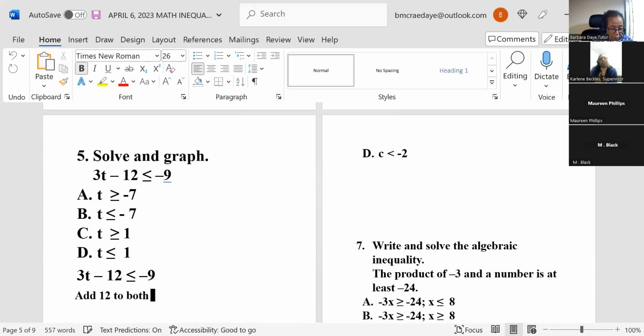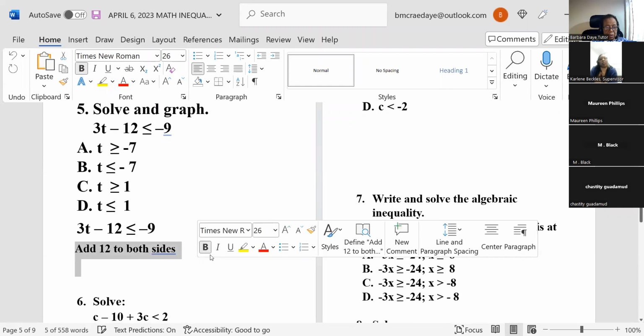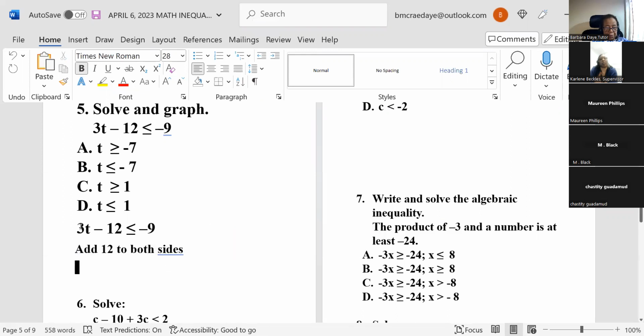That does not give you 21. What does it give you? You subtract the 9 from the 12. And you get what, Maureen? 3. Yeah, that's right. You get a 3. Mercedes, you see that? Yes, miss. Okay.